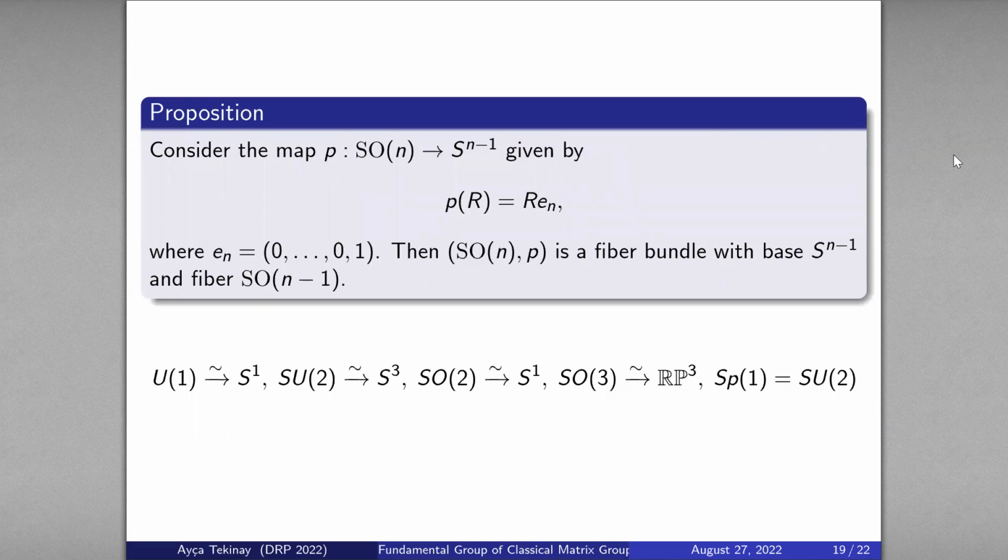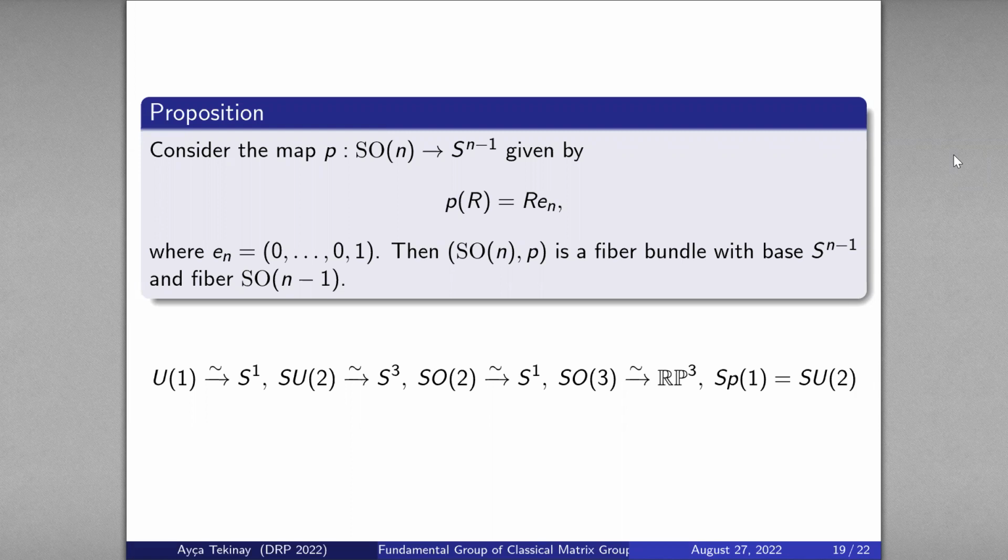And this proposition says to consider the map P from SO(n) to S^(n-1) given like this, with e_n the vector with all entries 0, just the last one is 1. Then SO(n) with P, the projection map, is a fiber bundle with base S^(n-1) and fiber SO(n-1).